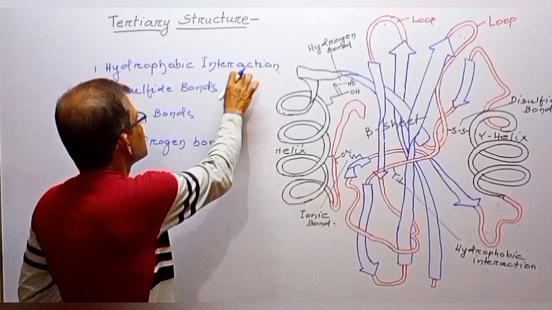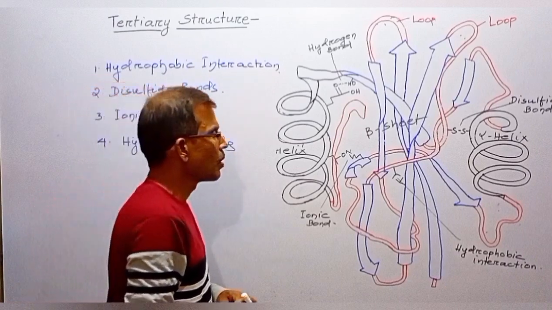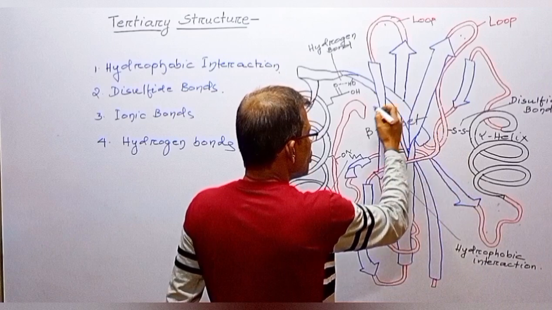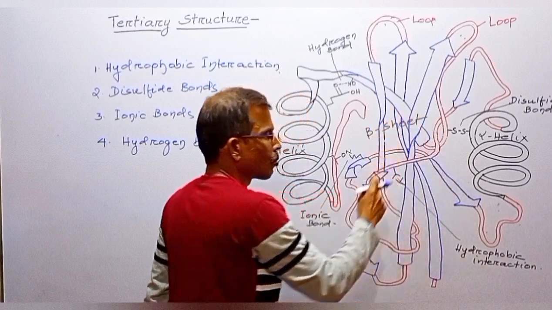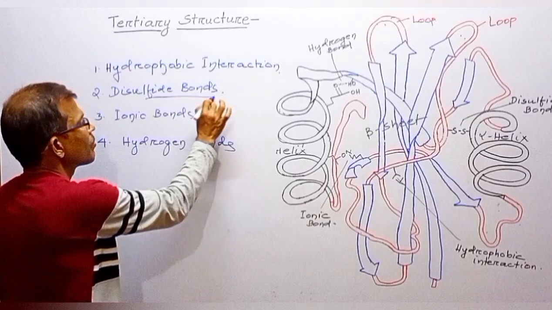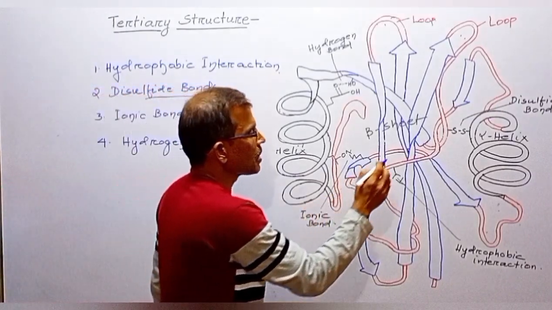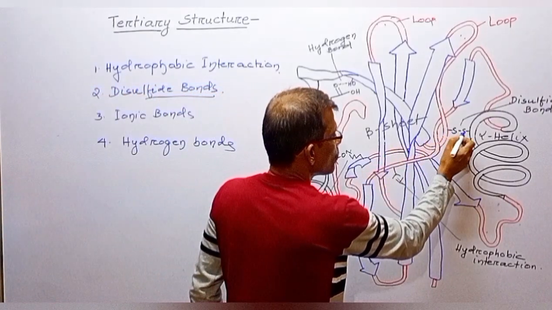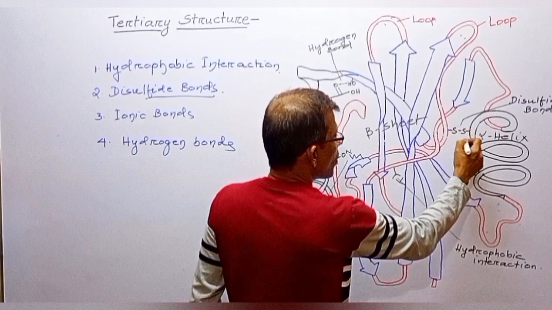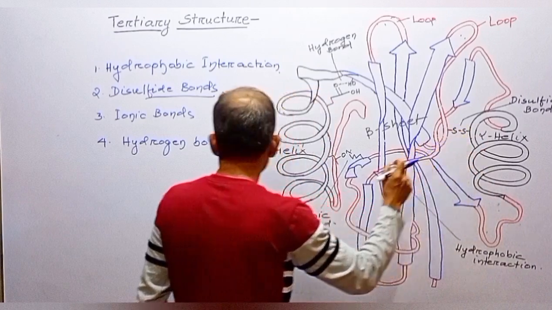First one is hydrophobic interaction, which operates in the protein interior between non-polar R groups. Second type of linkage is disulfide bonds, which are formed between the R groups of cysteine amino acids. Disulfide bond is a covalent bond.